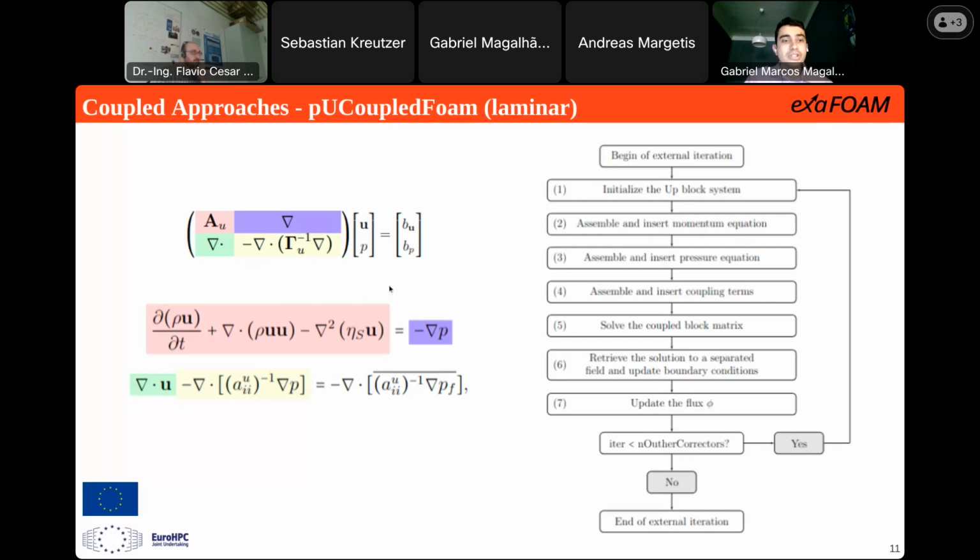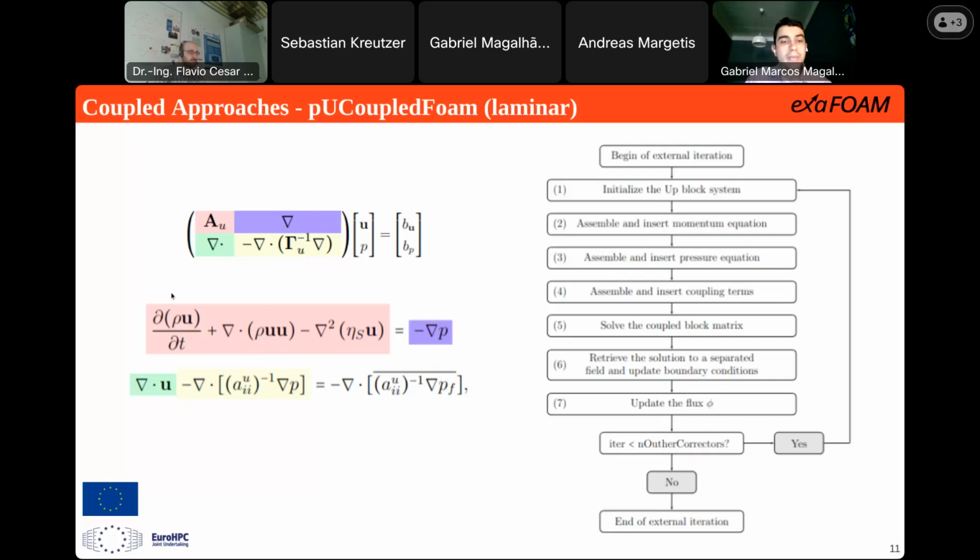And it's a solver for laminar and turbulent flows, considering an incompressible fluid and coupling the pressure and velocity. So basically, we are inserting the terms of the equations in the matrix with the corresponding colors, and the white terms in the RHS.